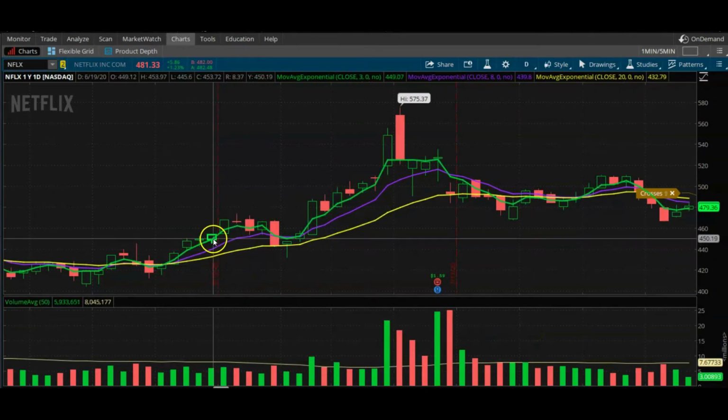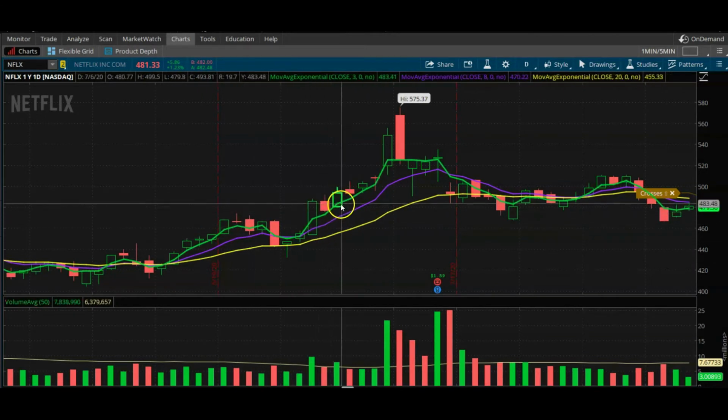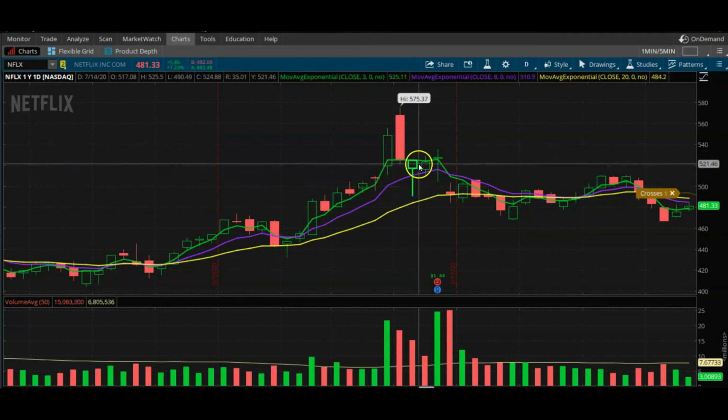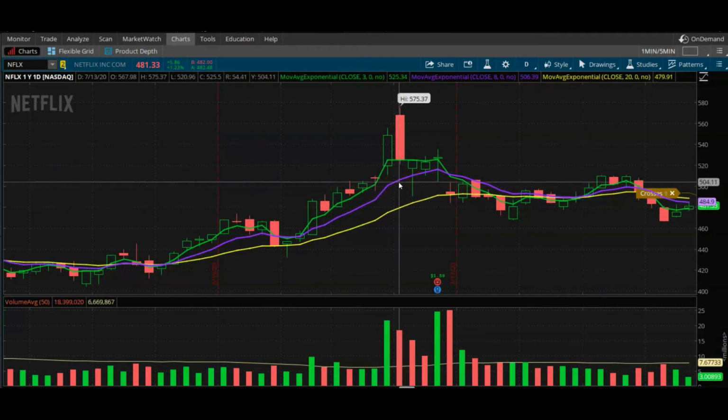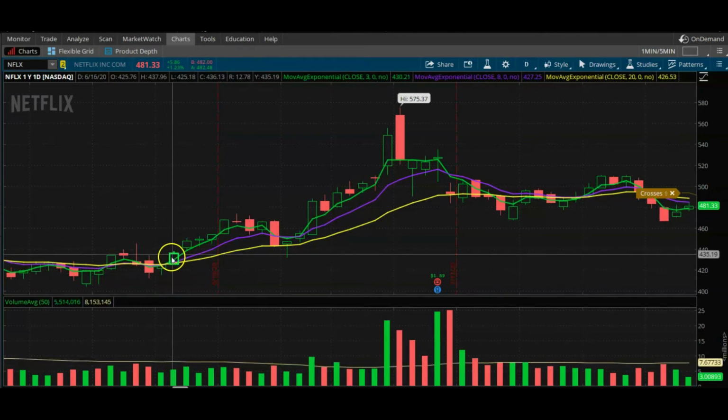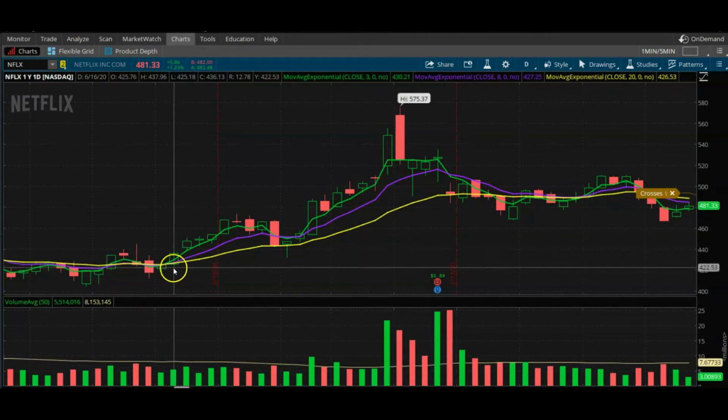Okay, so the green line represents a moving average over the prior 3 days. The purple is the 8-day moving average, and my yellow represents the 20-day moving average. This represents volume within the time scale of the candle right above it.